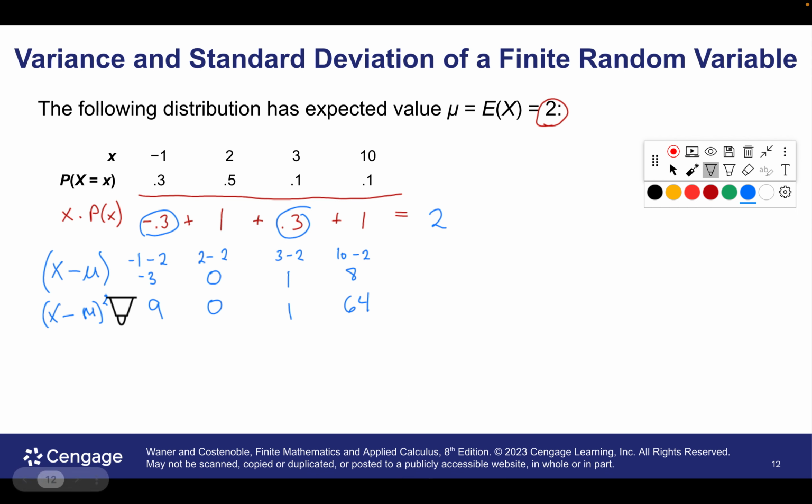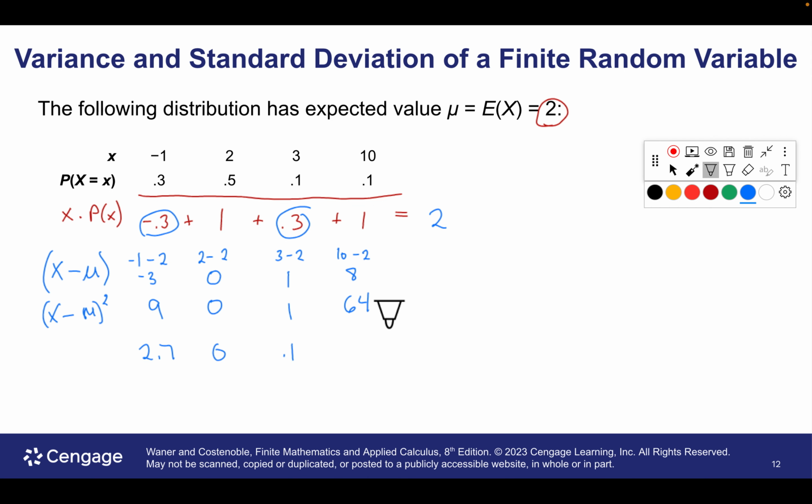So what are we doing? We're taking the 9 times the 0.3. 9 times 0.3 is going to be 2.7. 9 times 3 is 27, with the decimal place moved, gives us 2.7. This one's easy, because 0 times anything is going to be 0. This one I take 1 times 0.1, so I get 0.1.